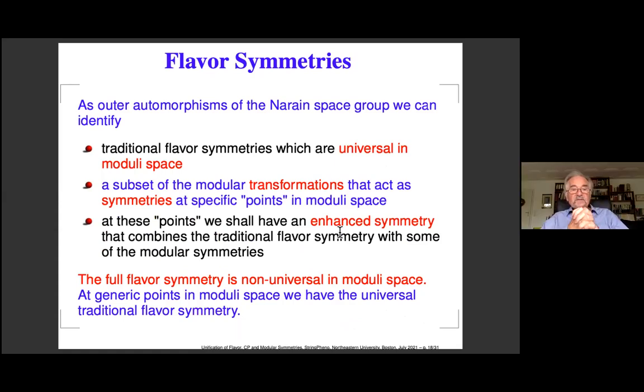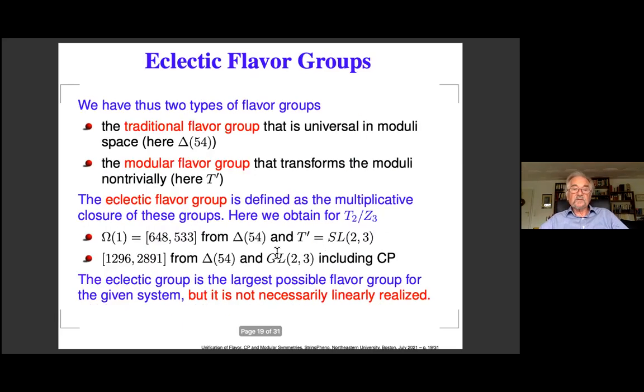So the flavor symmetries: now we will have the traditional flavor symmetries as we had before, Delta(54), and we also have the modular flavor group T prime, which we have here. But of course, this full flavor symmetry is non-universal in moduli space, so the group T prime is usually not linearly realized, and so we will have a hybrid picture of these symmetries.